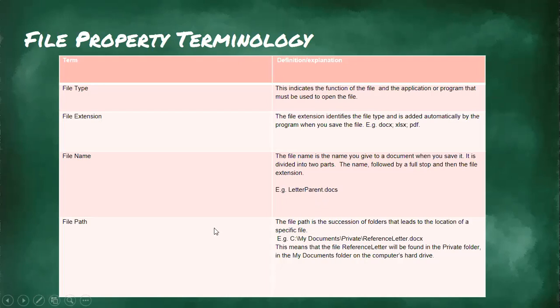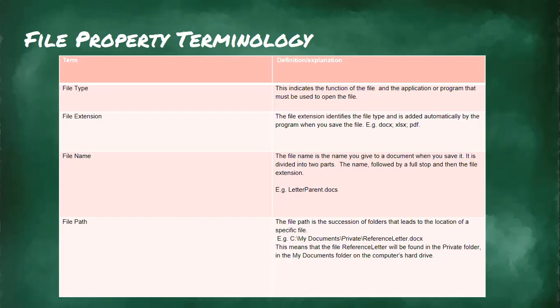Now, let's talk about the file path. Like you have seen, the location, that is your file path, is a succession of folders that leads to the location of a specific file. For example, under C drive, My Documents, Private, which is a subfolder, there you've got the file reference letter of the type Microsoft Word.